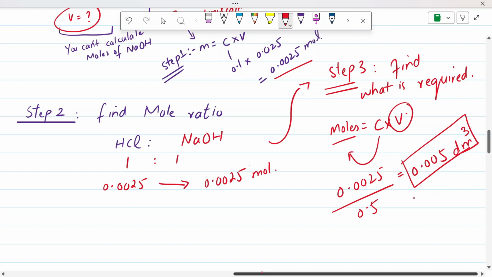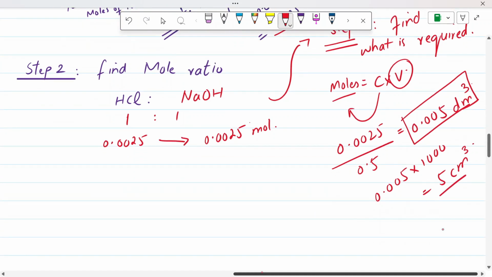You have to times it by 1,000. Very good. So 0.005 times 1,000, we're gonna get 5 cubic centimeters.